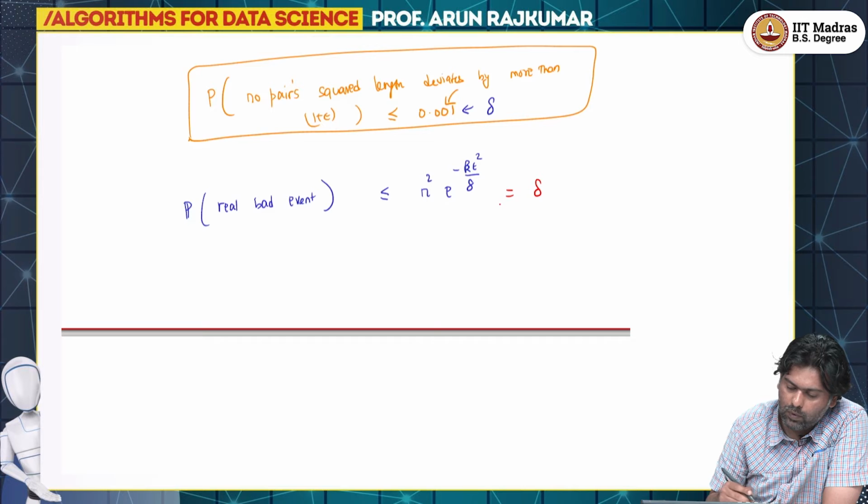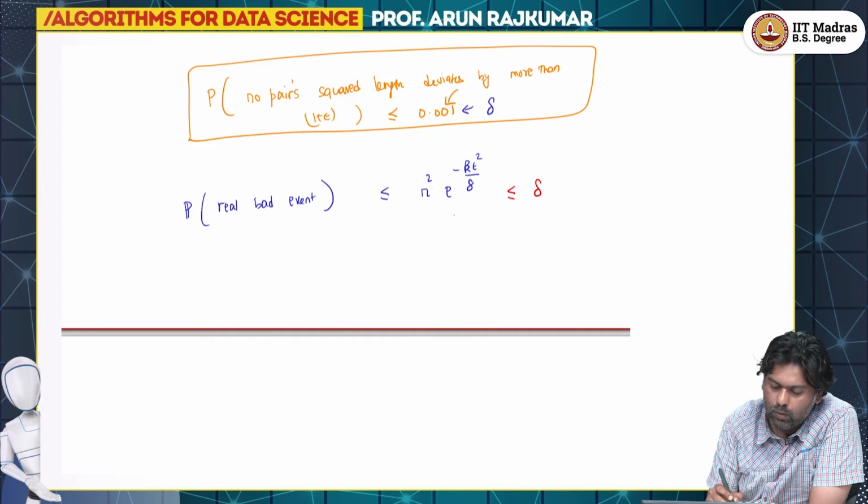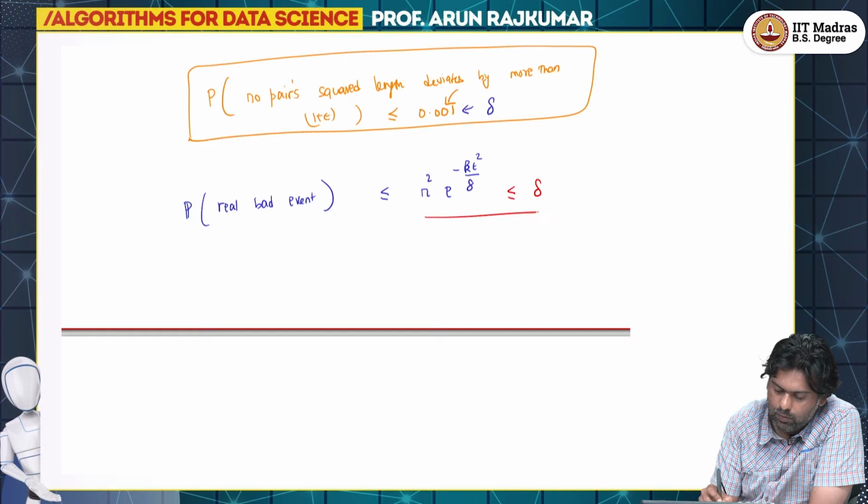So, let us say this is less than or equal to delta is what we want. So, now what does this tell us, right. For this to be satisfied, we want n squared e minus k epsilon squared by 8 is at most delta.